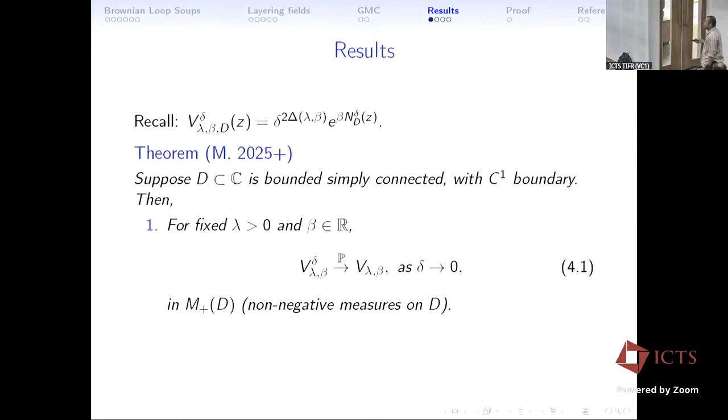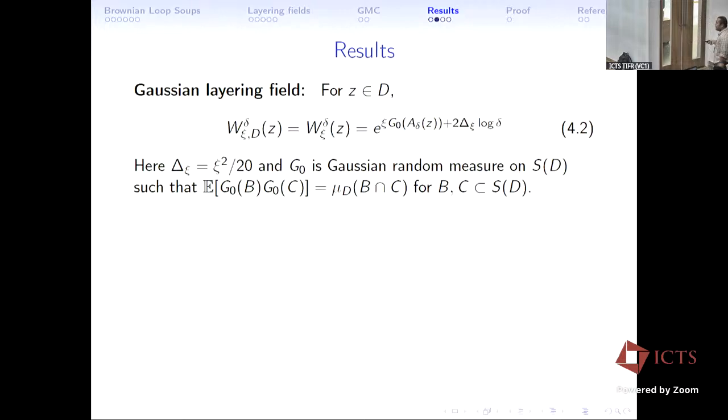I have a bounded simply connected domain with a smooth boundary, and for a fixed lambda, if I fix the intensity and the parameter beta, then V_delta^{lambda,beta} converges to something that I call a Poisson layering field, as measures in probability.